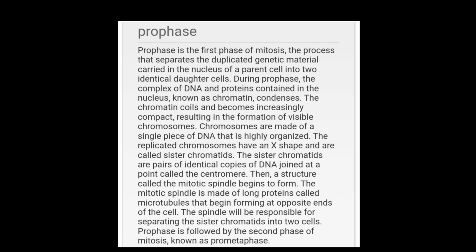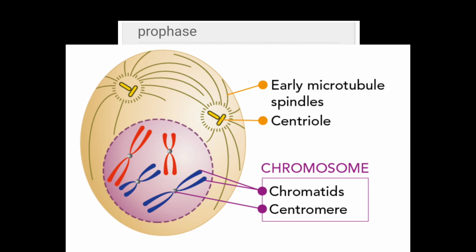Then a structure called the mitotic spindle begins to form. The mitotic spindle is made of long proteins called microtubules that begin forming at opposite ends of the cell. The spindle will be responsible for separating the sister chromatids into two different cells. Prophase is followed by the second phase of mitosis known as prometaphase.